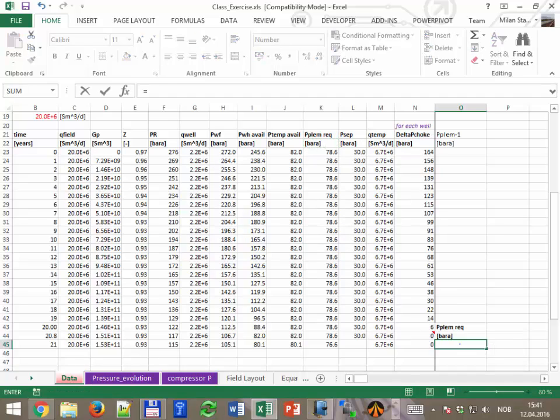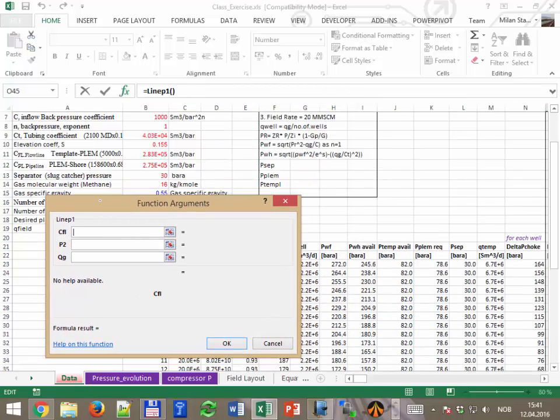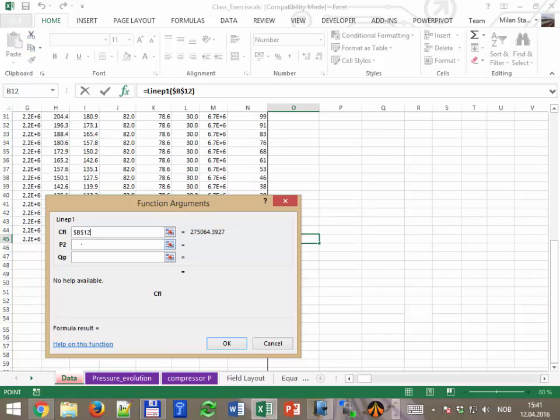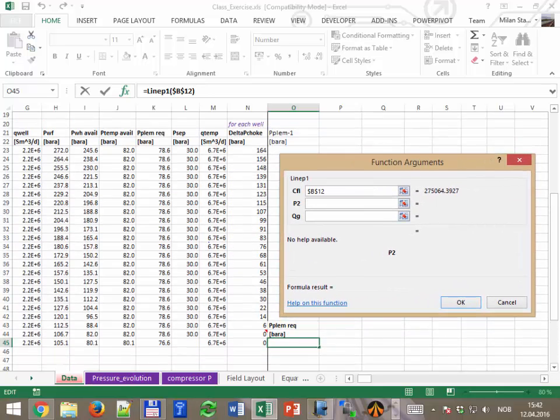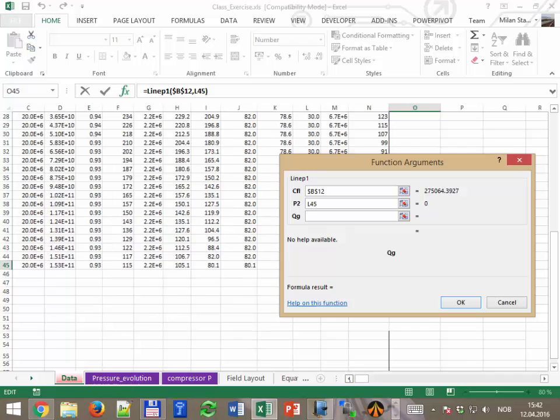Okay, and here we're going to go from the separator all the way to the plem, counter current. So that's line P1, okay? P1, and here I need, let's see, what do I need? The C of the flow line, that I have it someplace here, F4, then P2, that's the separator pressure, that is going to be 30. In this case it's empty, but I'm going to fill it very soon. And the rate, which is the rate of the field.